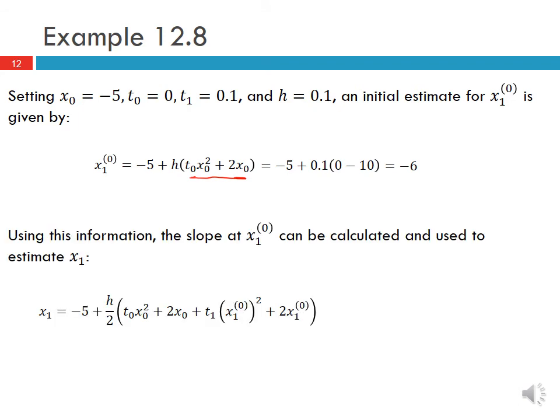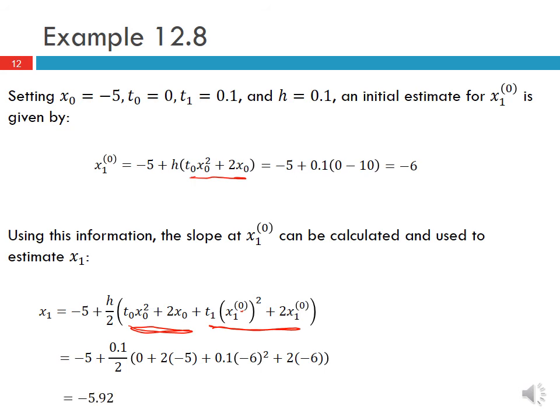Now we can use this information to calculate the slope at x_1^(0) and use that to estimate our x1. So x1 is equal to minus 5 plus h over 2 times the function evaluated at x0, t0, and the function evaluated at x_1^(0), our initial estimate, as well as t1. Plugging in our values, we get that x1 is equal to minus 5.92.